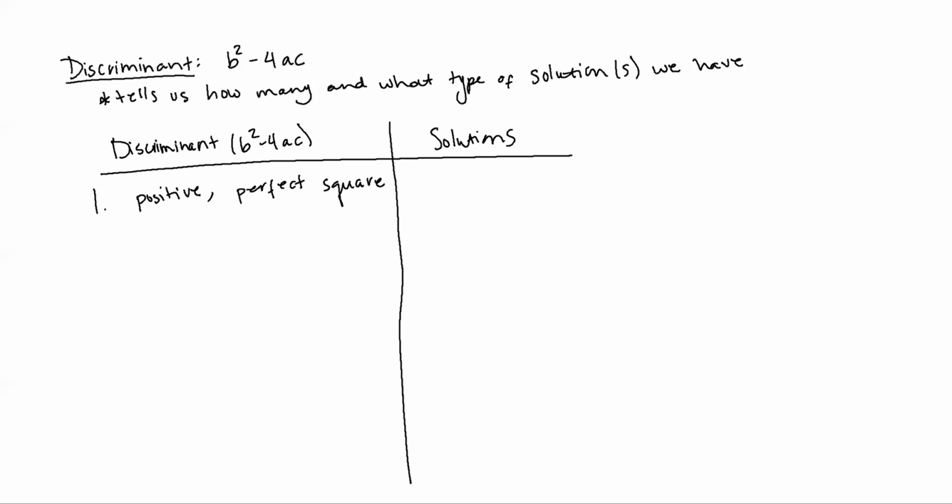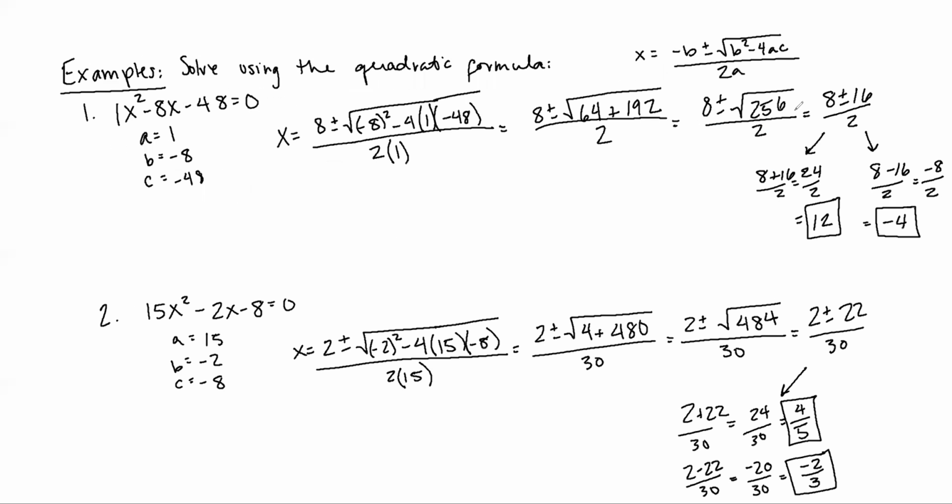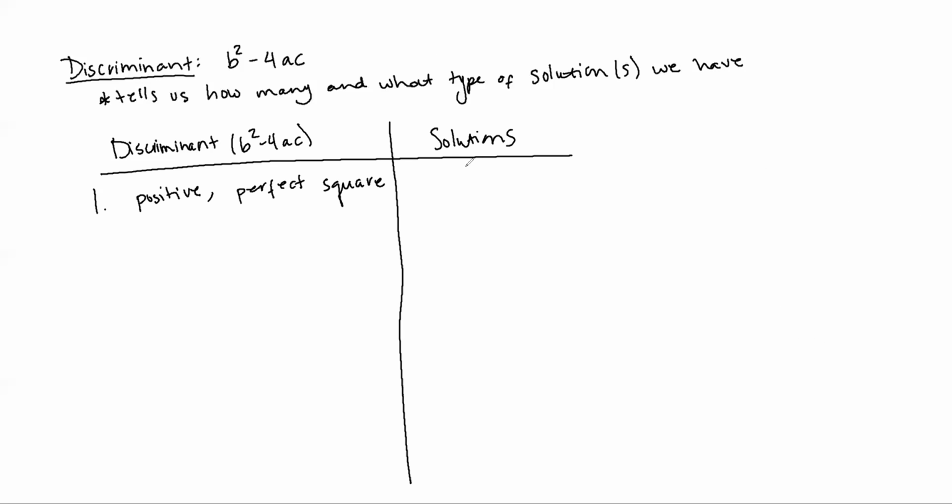For this one, think back to our first example. Here we're looking at the inside of the radical. We had a positive perfect square, and we ended up with 2 integer solutions. So over here in the solutions, we're going to have 2 rational solutions.